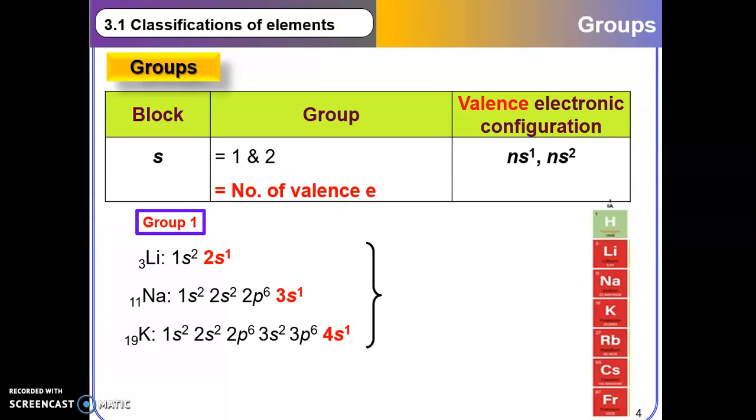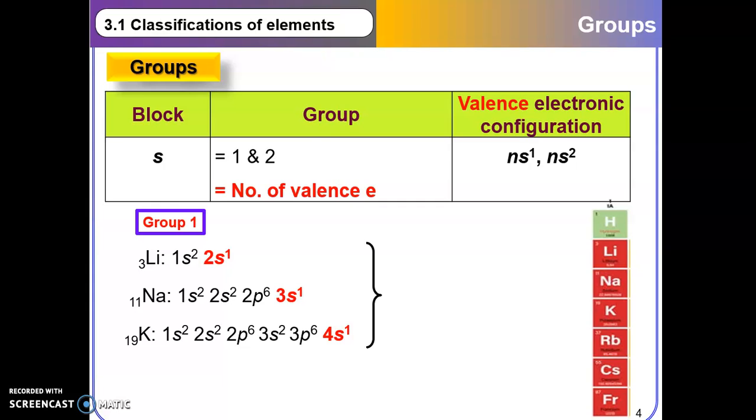If the highest energy orbital is S orbital, then the element must be in S block. So all these elements given here, lithium, sodium, and potassium, must be S block elements.